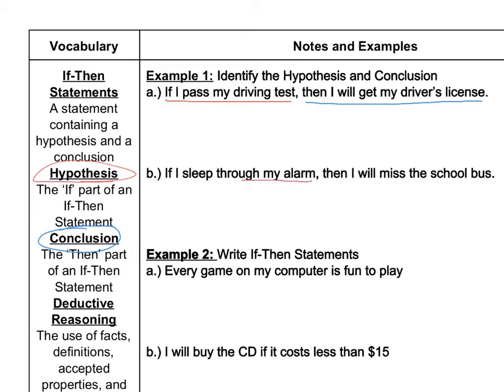If I sleep through my alarm, and then your conclusion, then I will miss the bus. So the first part, the if part, is always going to be the hypothesis, and of course the last part, the conclusion, will be your then part.